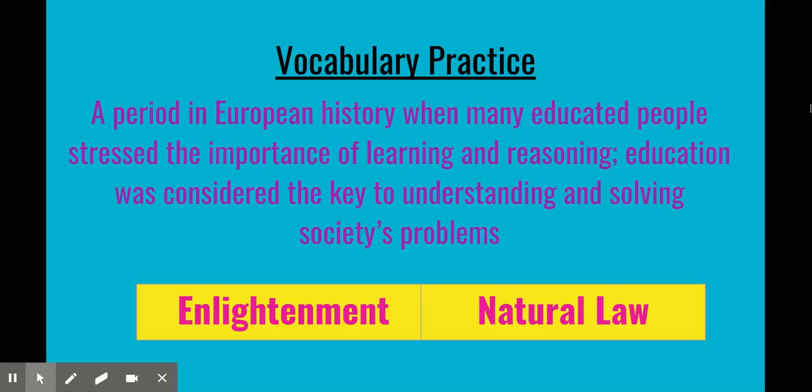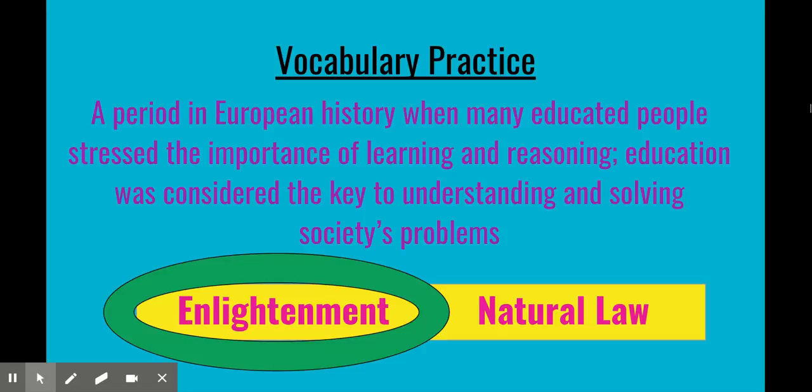Let's practice what you just learned. Which term below is a period in European history when many educated people stressed the importance of learning and reasoning? Is it Enlightenment or natural law? Enlightenment is the correct answer.